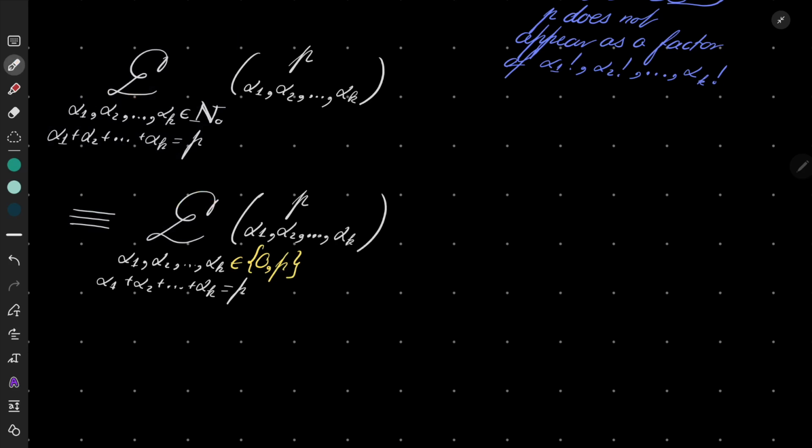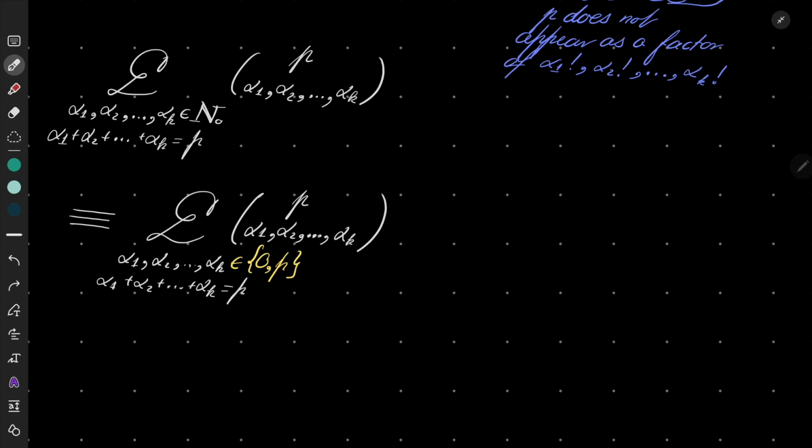Very well. And now, how many terms does our sum have? Well, it has exactly k terms, because we must choose one index to be p, and the others must be zeros, so our sum is k. And in how many ways can we do it?